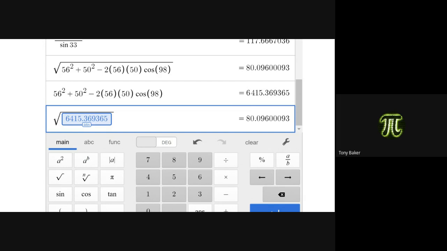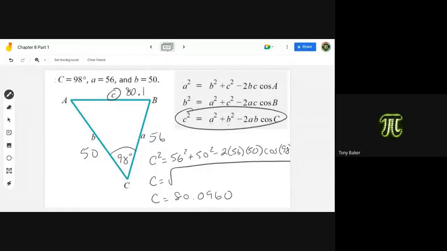So we've got 80. Let me see what Alex wants the answer as. They want it to the nearest tenth. So yeah, that'd be 80.1. But here's the problem. What is it, 80.0960. All right. So C, when you rounded it, it's 80.1.